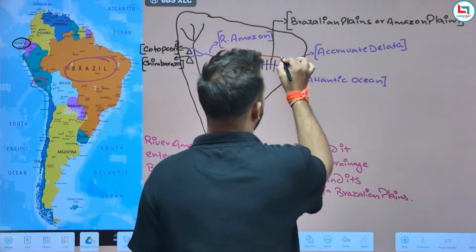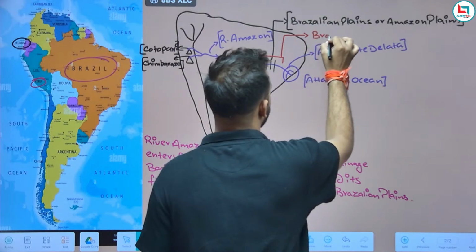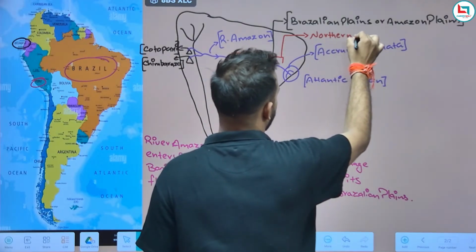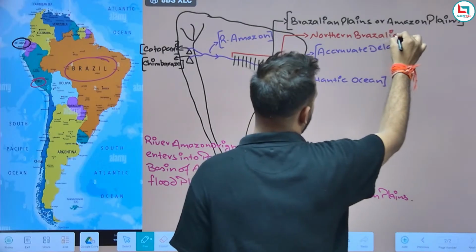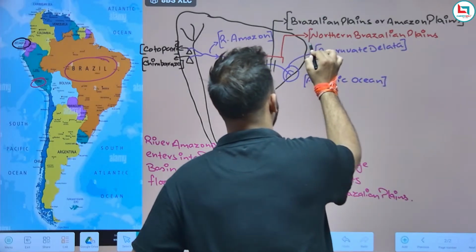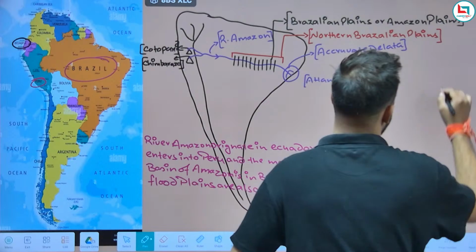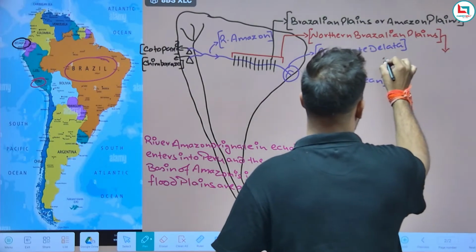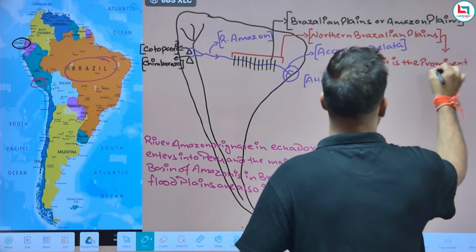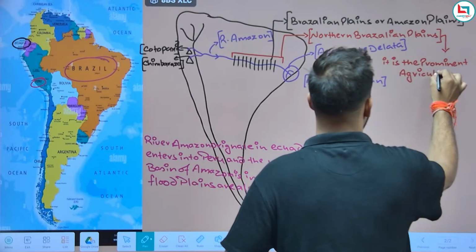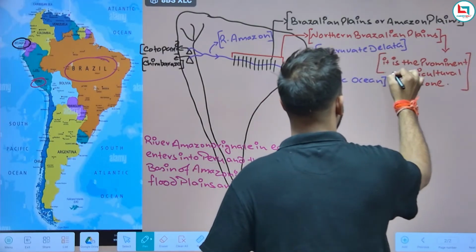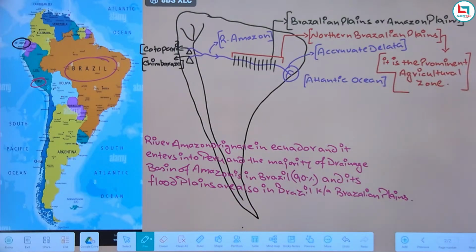When we talk about the Northern Brazilian plains, it is the prominent agricultural zone. Remember this point. This point is again very, very important.